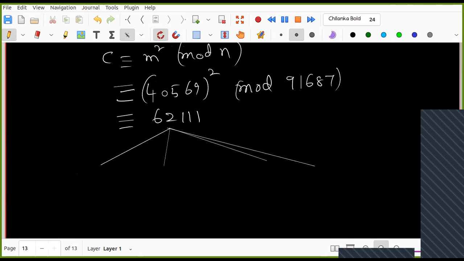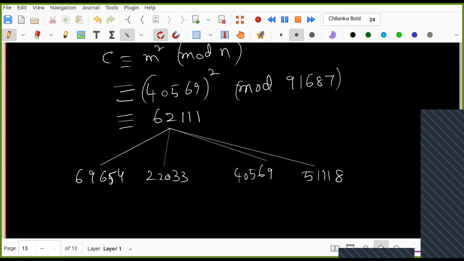I'll get 4 values: 69654, 22033, 40599, and 40569. That means x, minus x, y, minus y, you understand, right? But since we are doing modulo, all are positive.